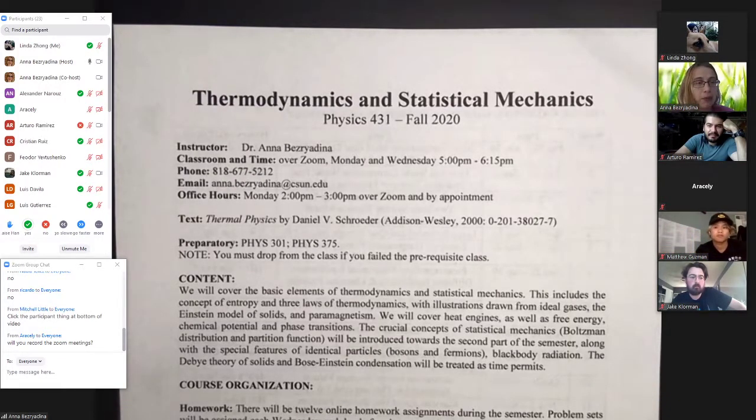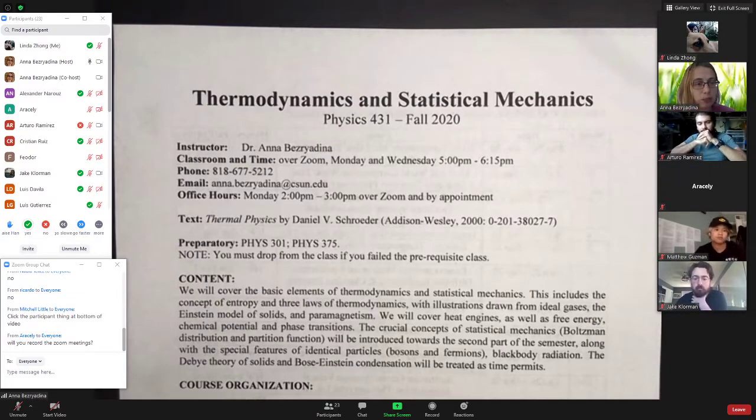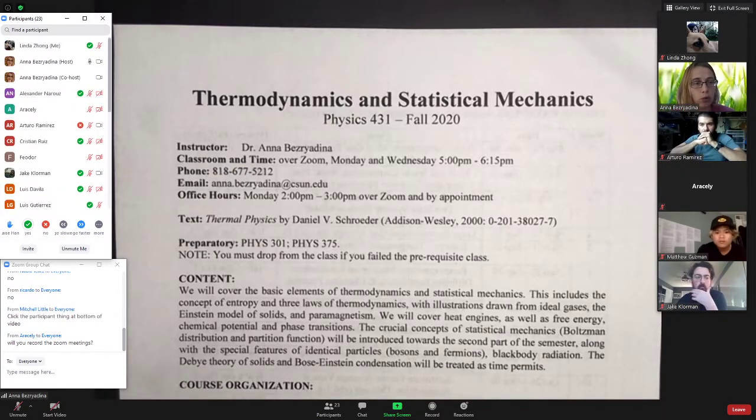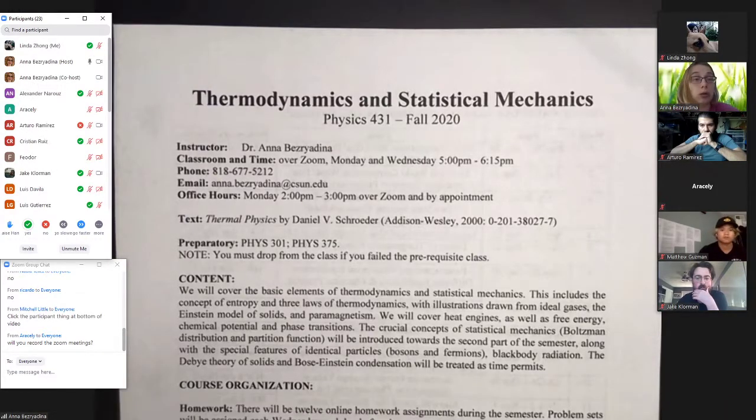So for 13 people it works, for some people 2 to 3 doesn't work, and some people still did not respond. Guys, I want you to respond. That's a way for me to know that you can use this method of communicating. Please put yes or no for office hours. It's my way of testing that you know how to use these buttons.